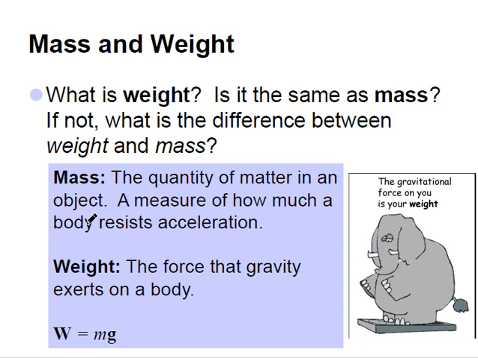So when you think about mass, we're thinking about the stuff in an object. When you look at the elephant, it is composed of elephant material, which is carbon, hydrogen, and oxygen, and life material, we call it, which is about chemical materials. That's the quantity of matter in an object.